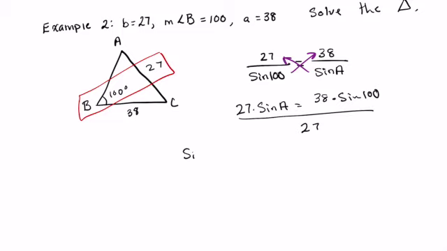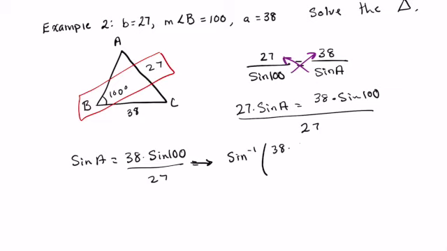So I get the sine of A equals 38 times the sine of 100 over 27. The way that we solve for A is I take the inverse sine of 38 times the sine of 100 over 27. And something interesting is going to happen when you plug this into your calculator.